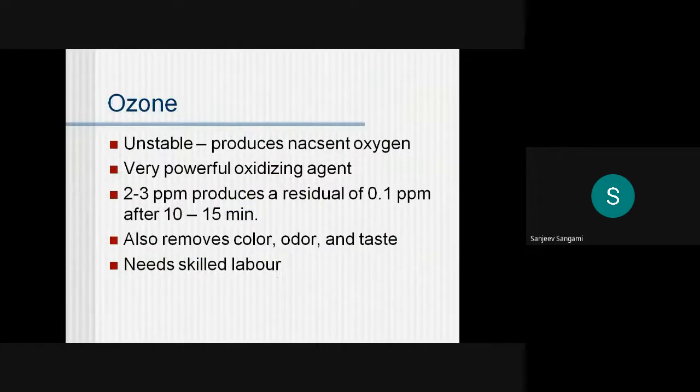So ozone is unstable, produces nascent oxygen, and is a powerful oxidizing agent. 2 to 3 ppm produces a residual of 0.1 ppm after 10 to 15 minutes. It also removes color, odor, and taste. It needs skilled labor, which is very important.